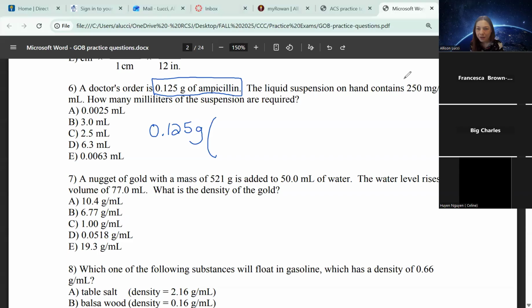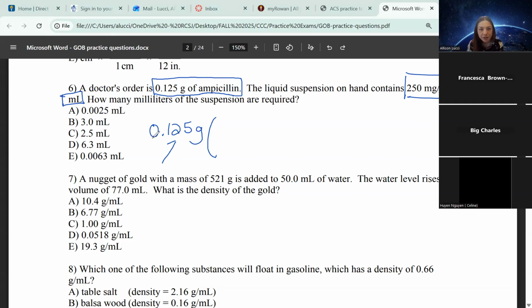And then if we have this liquid suspension, that means we have some ampicillin floating around in some kind of liquid, water or something else. So we have this conversion factor here, right? That's given. For every 5 milliliters, I can deliver 250 milligrams.